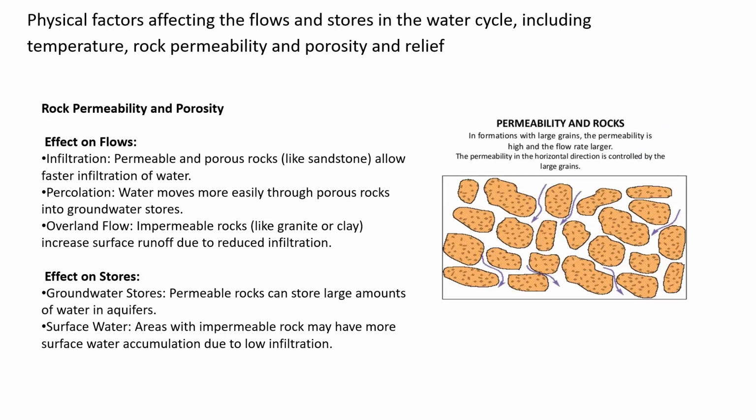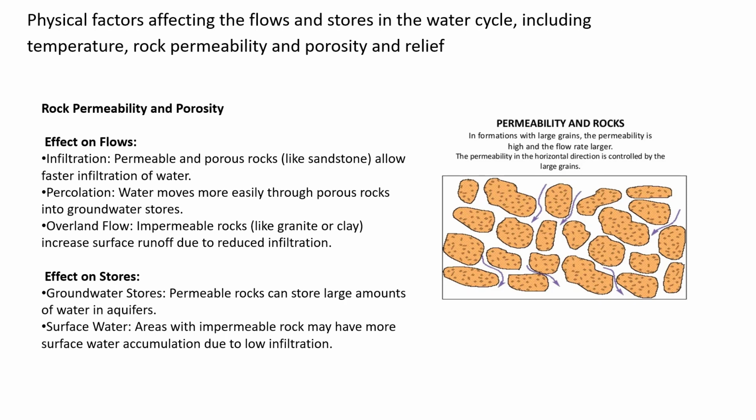If we think a little bit about the rocks, the geology, it's really important, some of the key features that they have. So particularly how permeable, or the porosity of the rocks. And it influences the water cycle, particularly the infiltration rates, how the water percolates through the rocks, whether you get overland flow or not. It will influence the storage, we get groundwater storage, and even surface water.